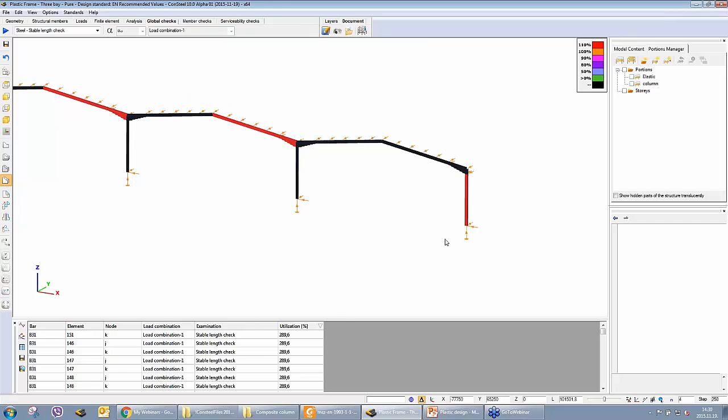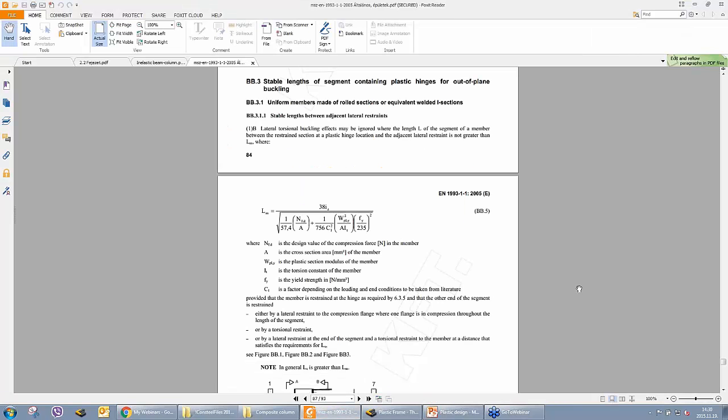The stable length check, just shortly some words about it according to the Eurocode. It is defined in the BB3 annex of the Eurocode, stable length of segments containing plastic hinges for out-of-plane buckling. The method itself came from the British standard.